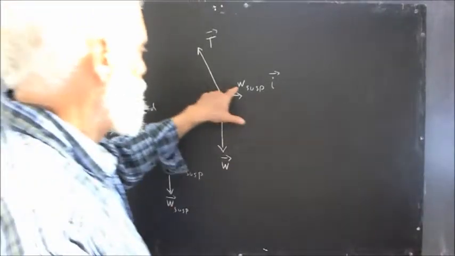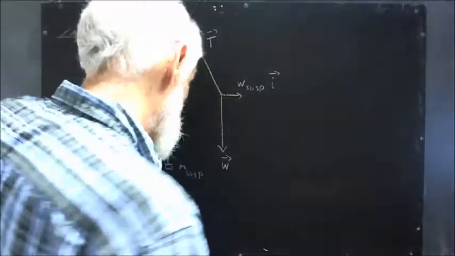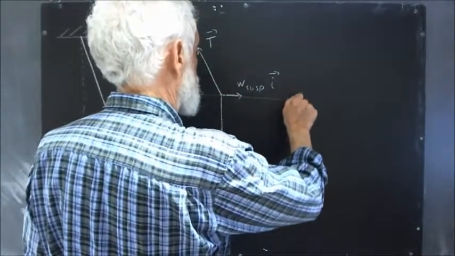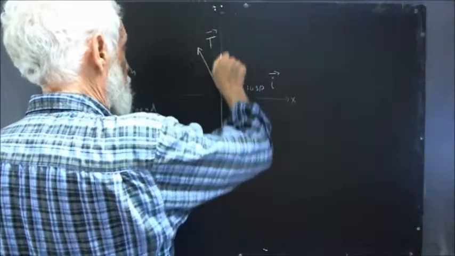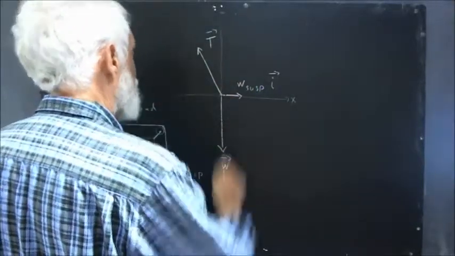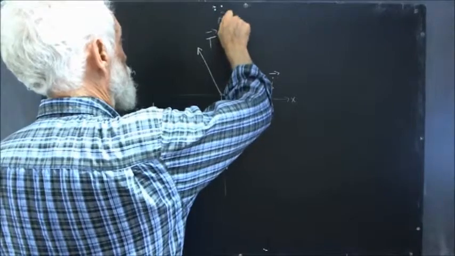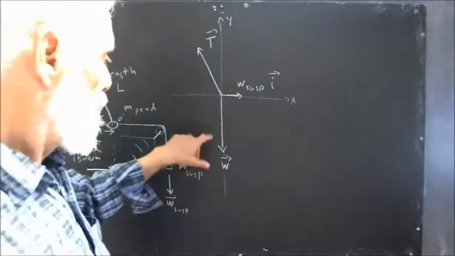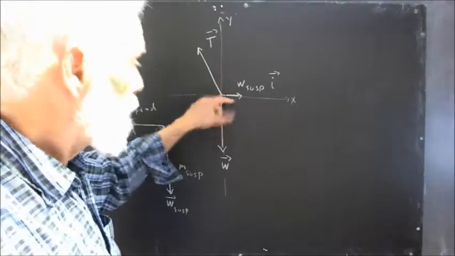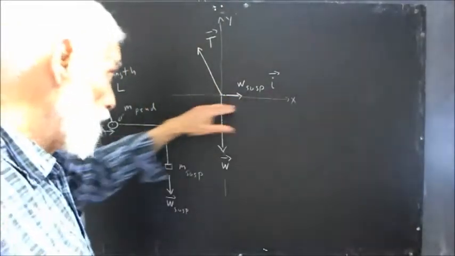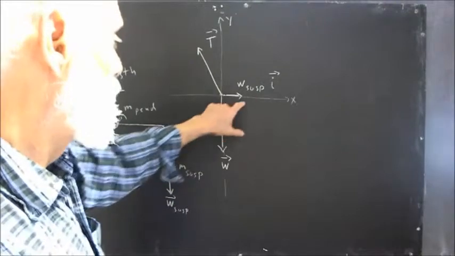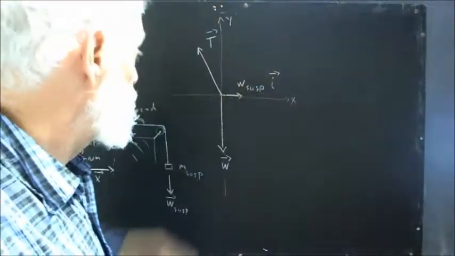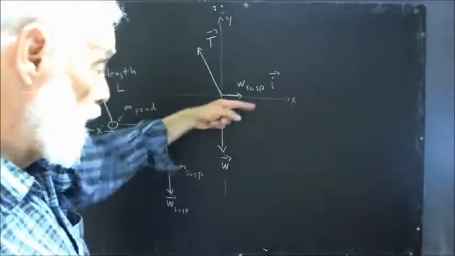When I labeled this vector W suspended times i, I implicitly indicated that the x-axis is going to go this way, and of course then the y-axis will be here. We note that both the weight and the tension force in the horizontal string are parallel to coordinate axes: the weight to the y-axis, the tension force in the horizontal string to the x-axis.